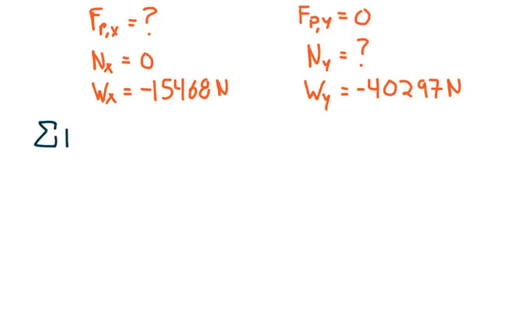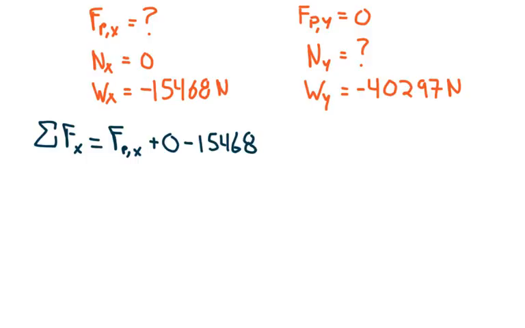So the sum of all forces in the x direction is going to be equal to Fpx, which we do not know, plus 0. You can just leave that out, but for clarity, the 0 is from the normal force in the x direction, and then plus negative 15,468, so minus 15,468.